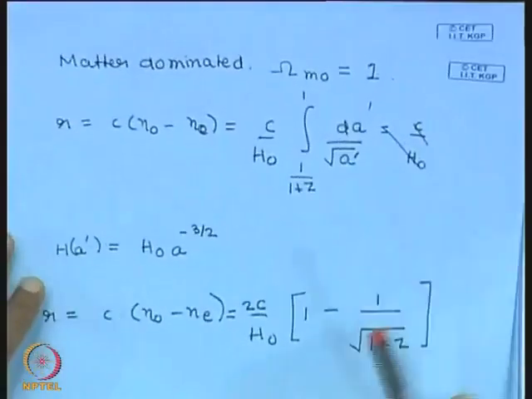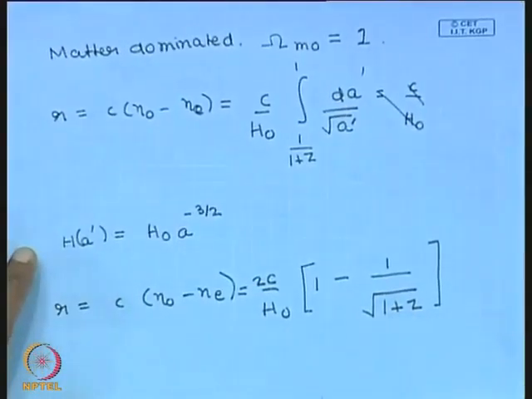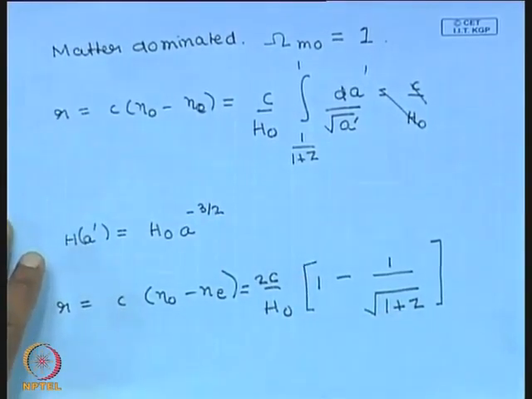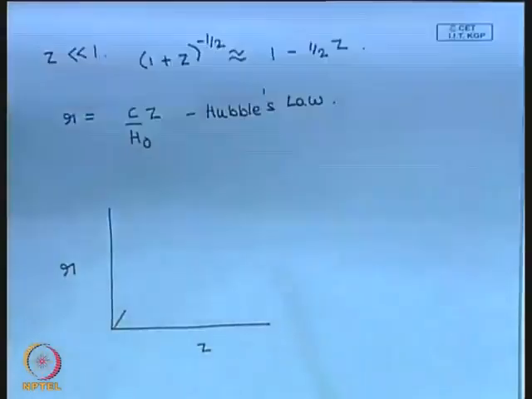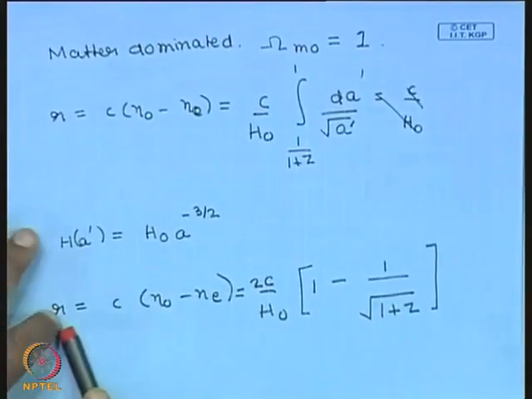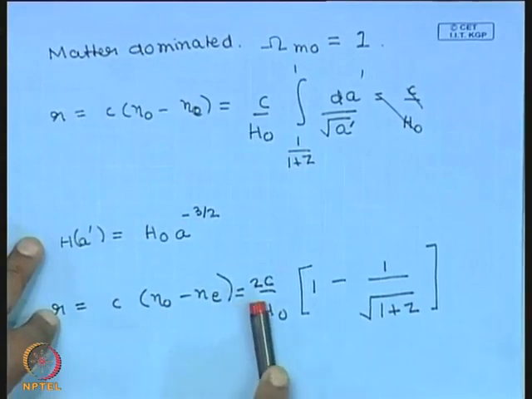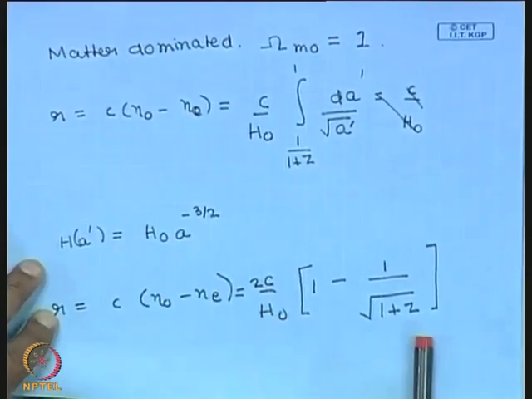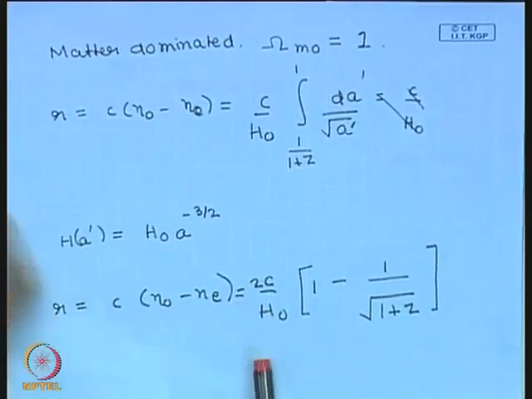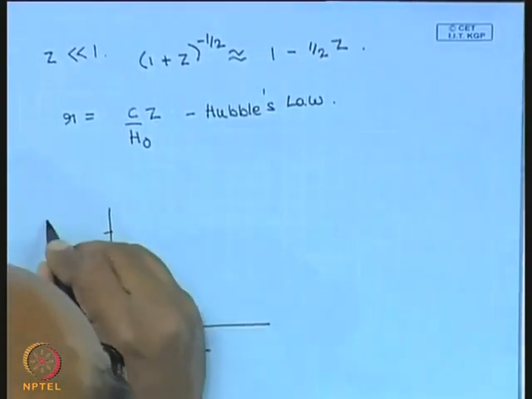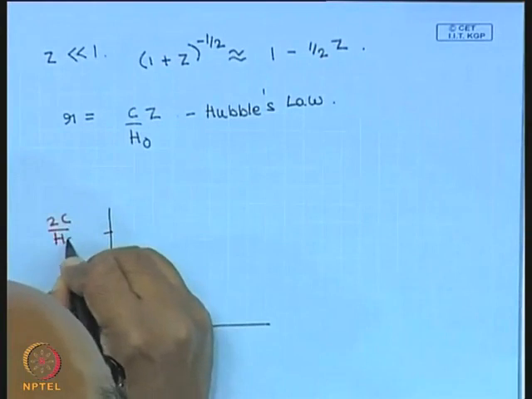But as you approach unity, there will be deviations from Hubble's law. The Taylor series will no longer be valid. And for very large z, let us see what happens. At very large z, the distance will reach a constant value which is 2c by H naught. That is the furthest comoving distance, from which a redshift of infinity corresponds to 2c by H naught. So it will look something like this. It will reach a constant value which is 2c by H naught.